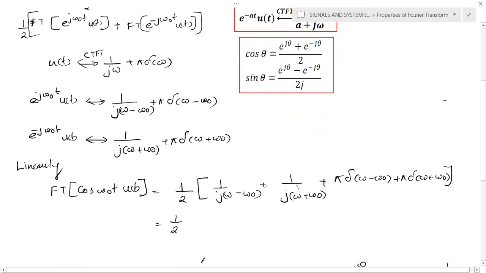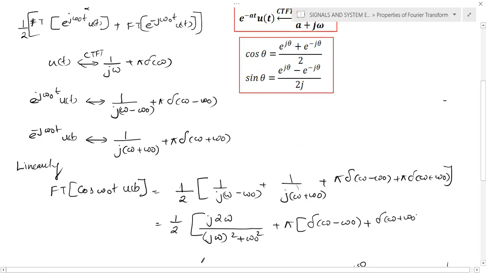And if you take the LCM of the first two terms, it becomes j 2 omega divided by (j omega) the whole square plus omega 0 the whole square. And the next term is simply pi into del of omega minus omega 0 plus del of omega plus omega 0. So this is a simplified result.